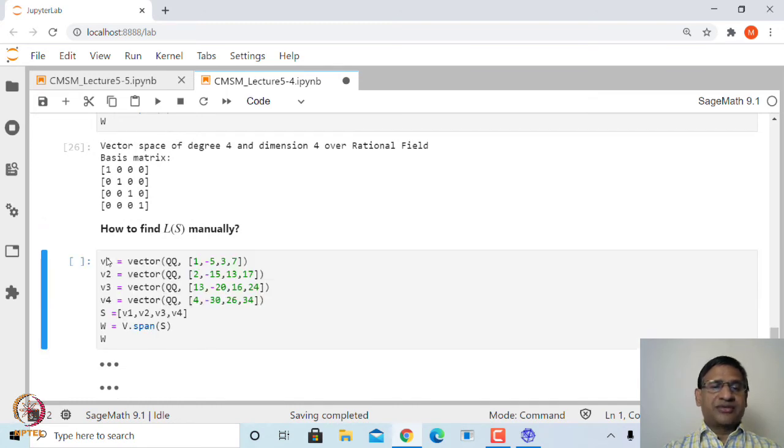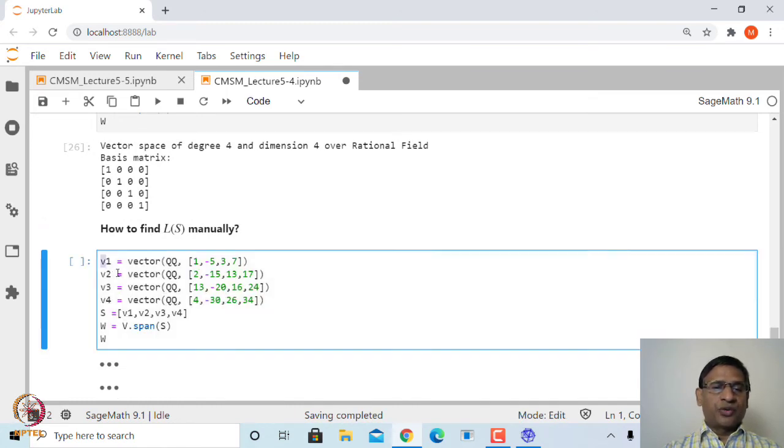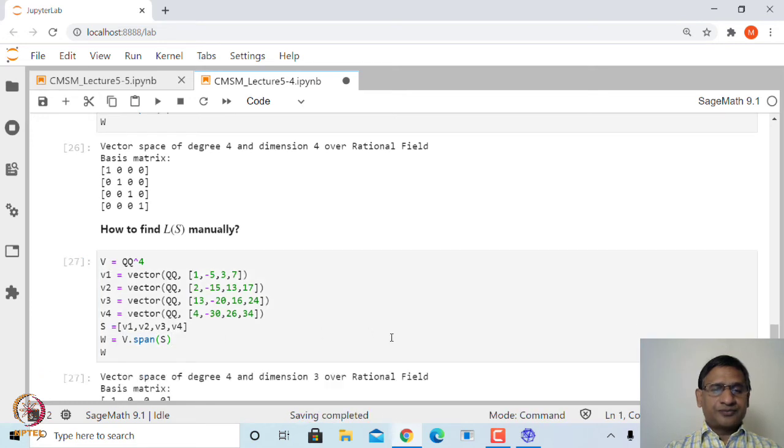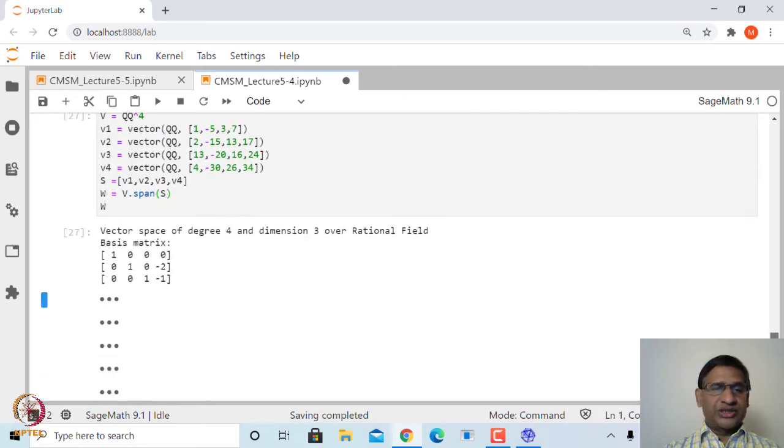So let us start with an example. Suppose I have 4 vectors v1, v2, v3, v4 in, let us say, Q to the power 4. So let me define capital V to be Q to the power 4, and they have 4 vectors, and S is the set v1, v2, v3, v4, and then we know V dot span gives me the linear span, that is using the inbuilt function.